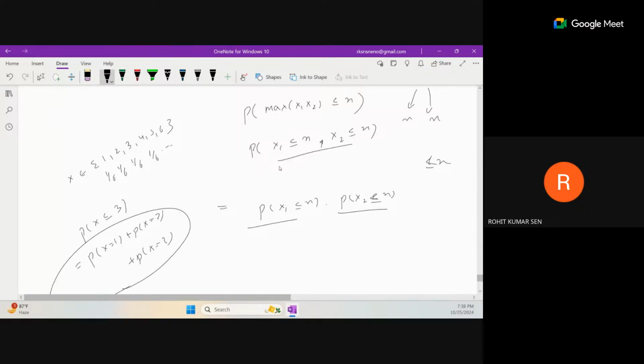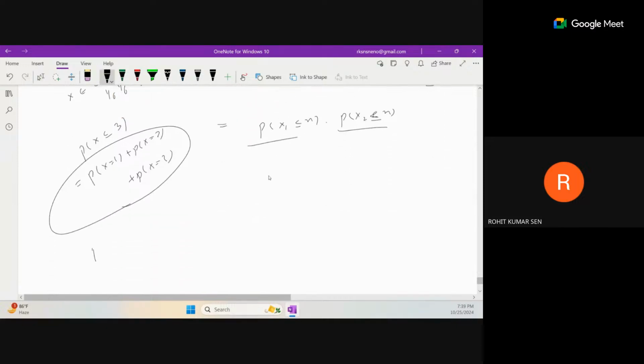In the same way, if you are finding the probability of X1 lesser than or equal to x, it will be X equal to 1 plus X equal to 2 plus X equal to 3, up to X equal to x. So what is the probability of X equal to 1? It is 1 by 6. X equal to 2, 1 by 6.